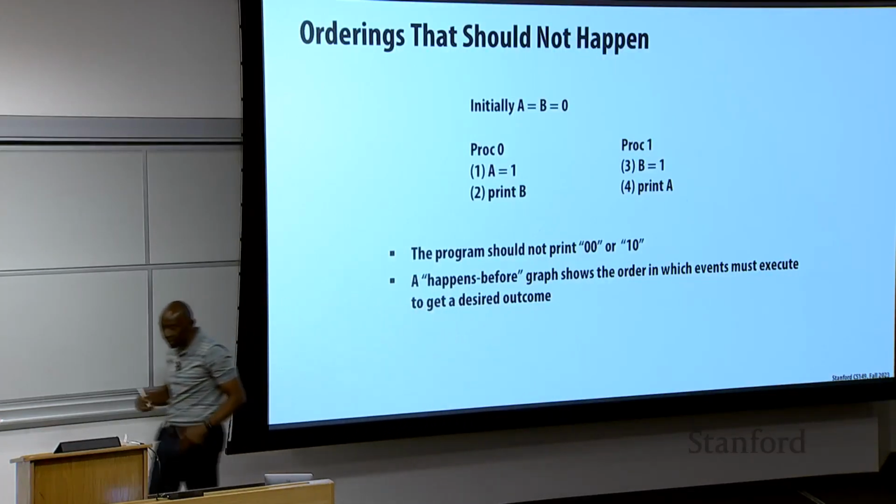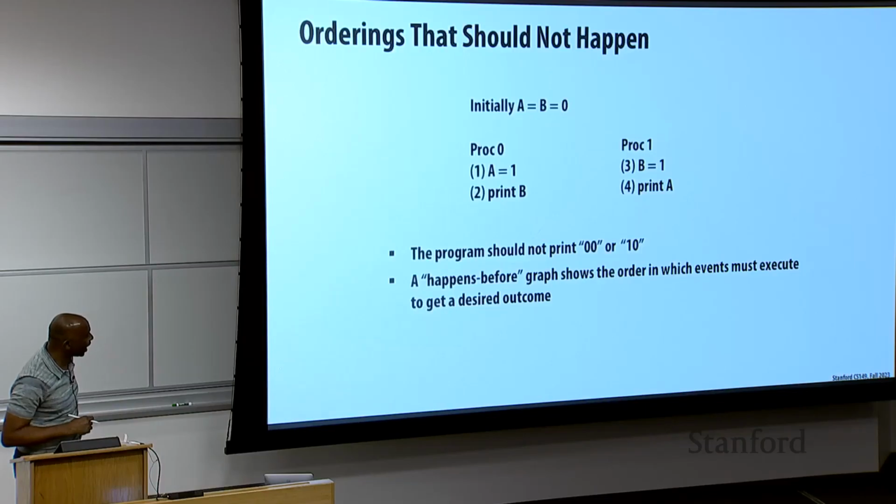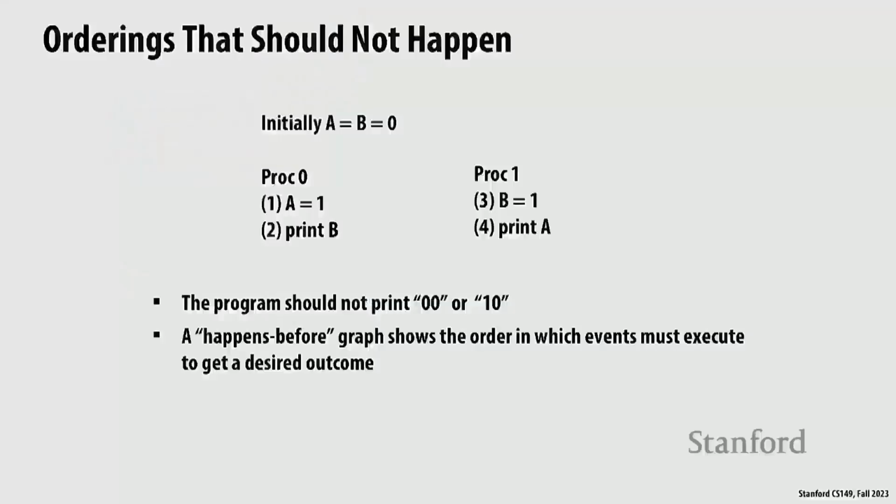So let's assume that we want a particular output like 0-0. That says that we would need to have the print of B happen before B gets set to 1, and we'd also need the print of A to happen before A gets set to 1.